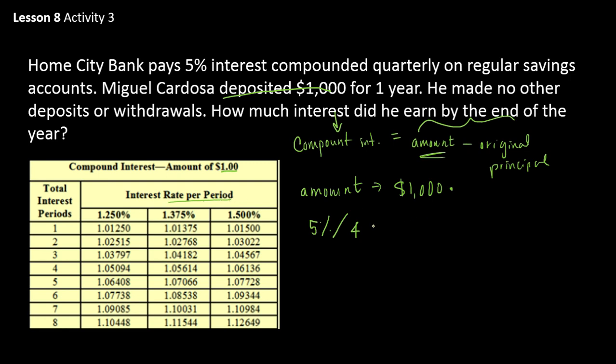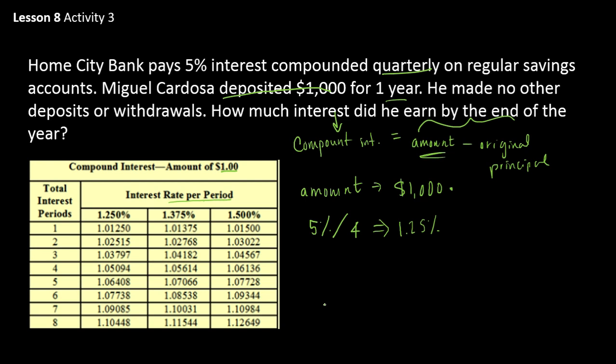So my interest rate per period, 5% divided by 4, it's going to be 1.25%. Now, how many interest periods are there? Well, if it's compounded quarterly for 1 year, it would be 4 interest periods, right?